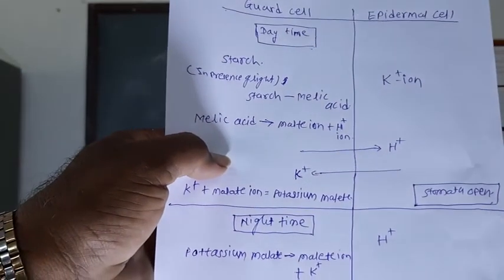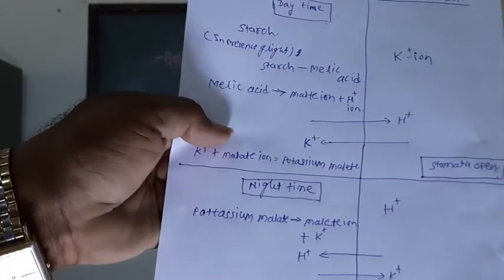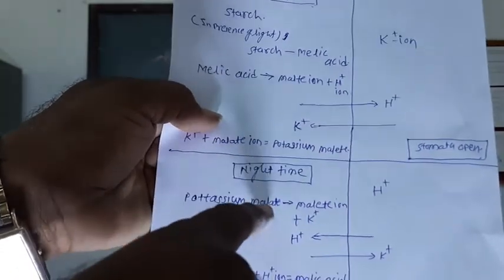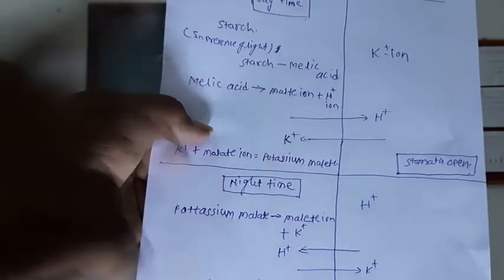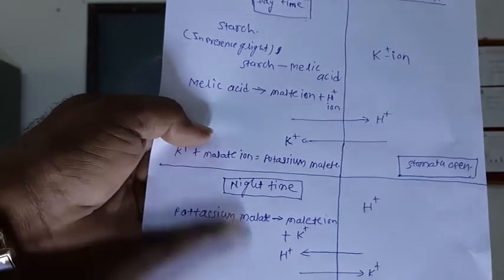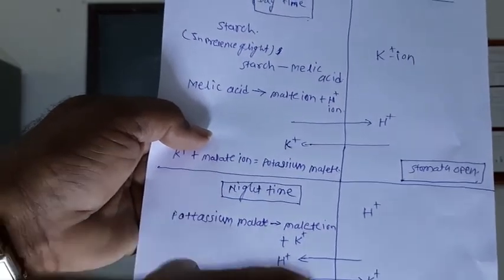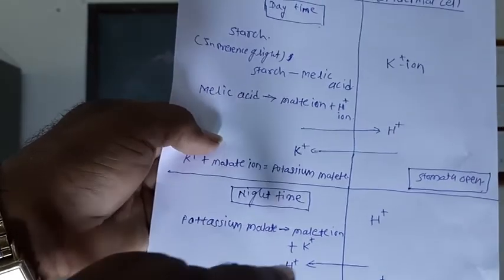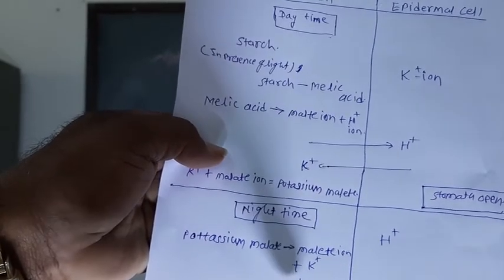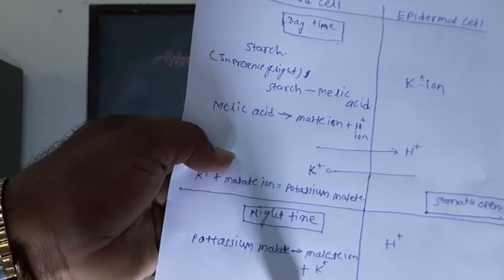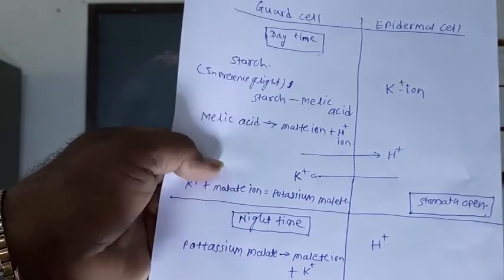Understand? Then during night time, what happens? Potassium malate splits into malate ion and potassium ion. At the same time, H ion is present in the epidermal cell. Then there is an exchange of ions. Hydrogen ion is given to the guard cell and potassium ion is given to the epidermal cell.